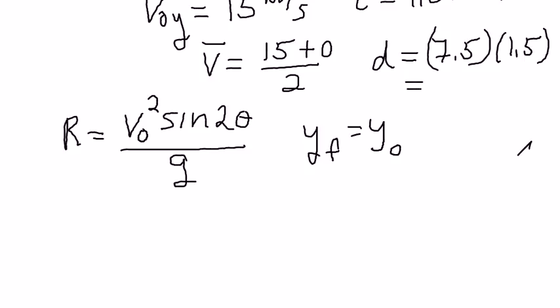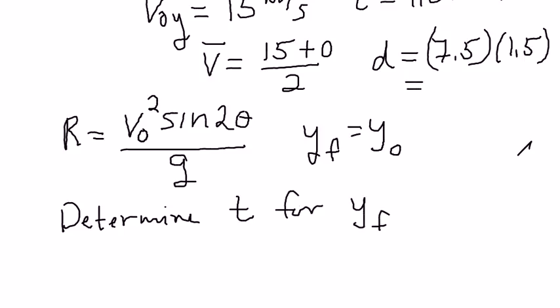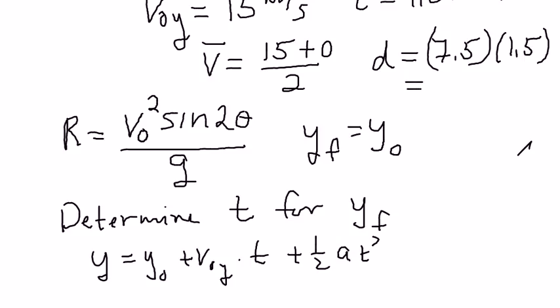A more robust solution for the range is to determine the time for y final. So if you know the final height of the ball, determine how long it takes to get there using the y is equal to y0 plus v0y times t plus 1/2 at squared equation.